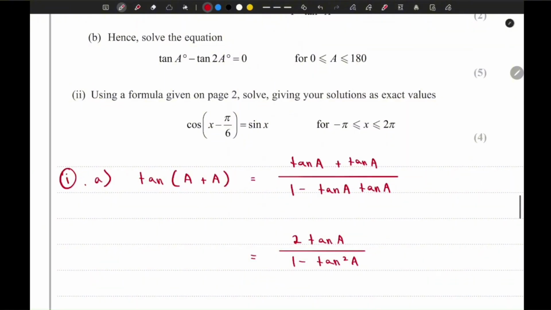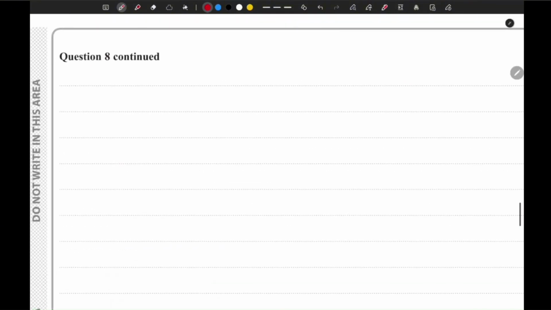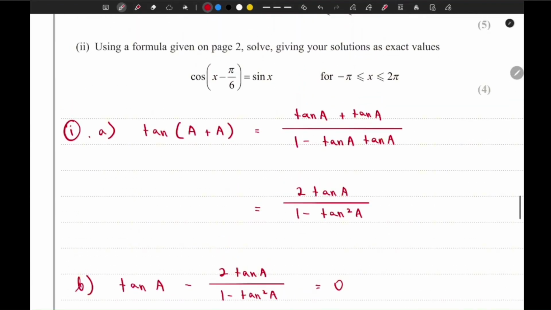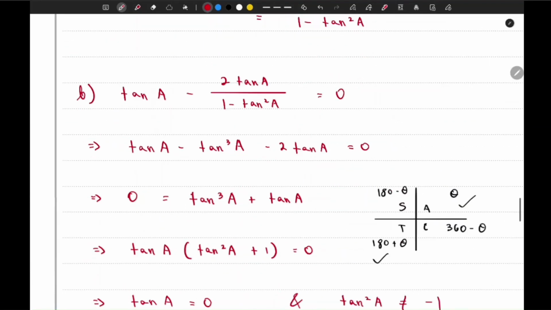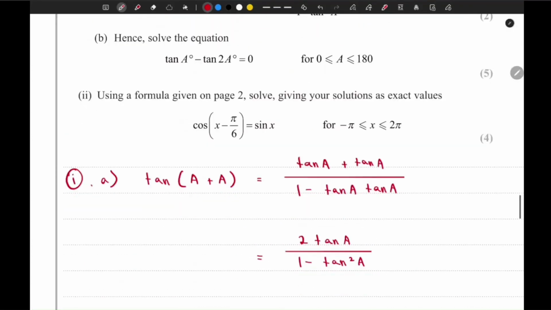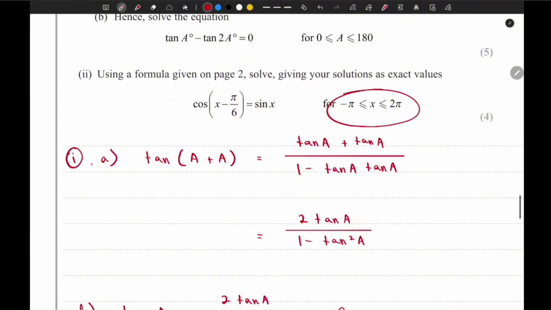Now moving on to the next part. They have given us an equation, which is cos(x minus pi by 6) equals sine x. Now we need to solve this equation and the domain is given for x.